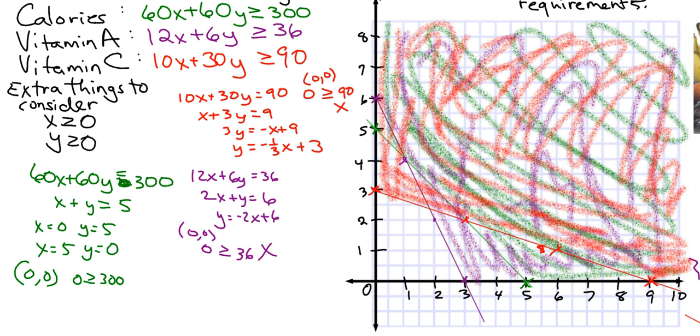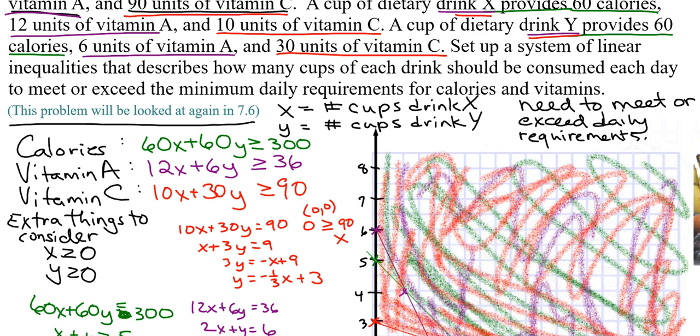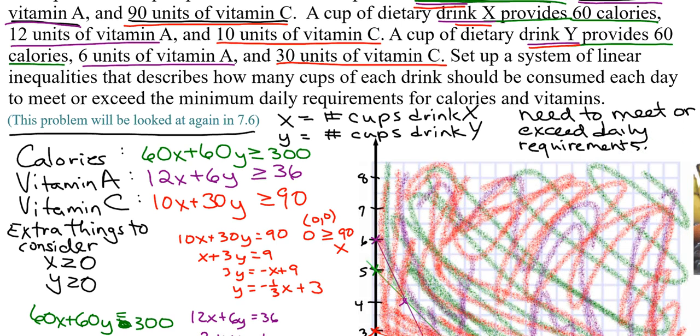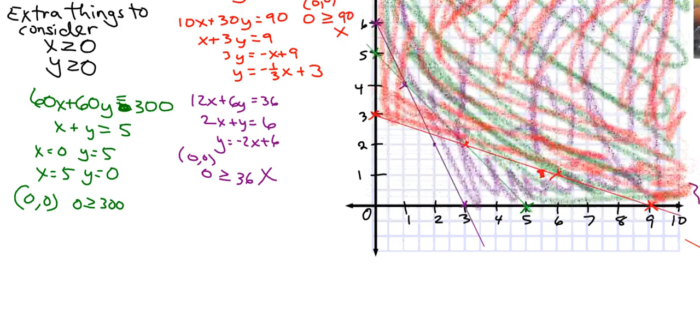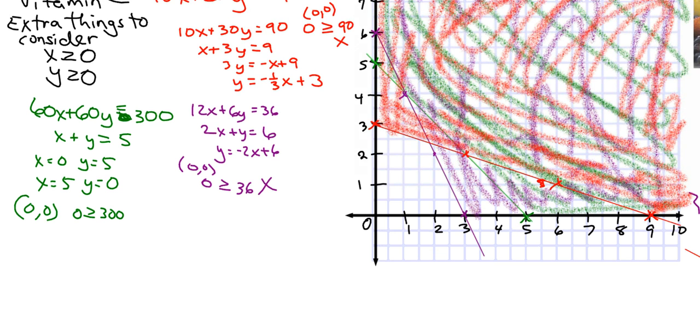And now I want to find, it says, set up a linear system of inequalities to describe how many cups of each drink should be consumed each day to meet or exceed the minimum daily requirements for calories and vitamins. And so we're going to pick those edge boundaries for this whole region.